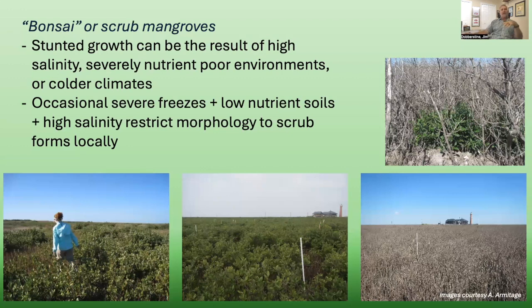Or where you have very nutrient poor environments, or where there are very cold conditions, either light freezes or periodic hard freezes that maybe don't last very long. So the plants are constantly going through this kind of intermediate disturbance where they're knocked back and trying to grow back and get another one the next year. And so it's always kind of this battle, right?